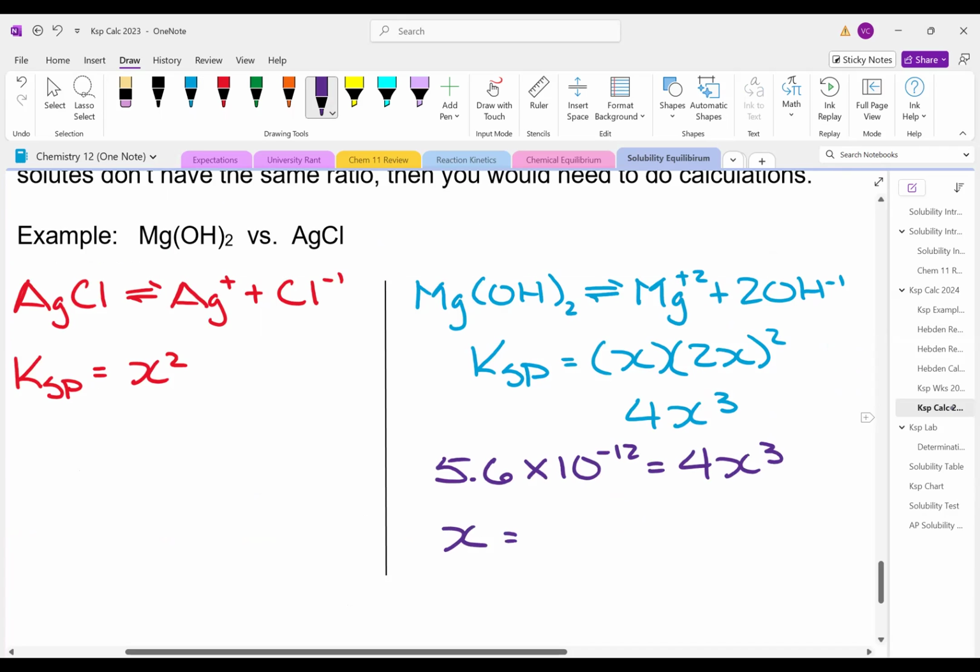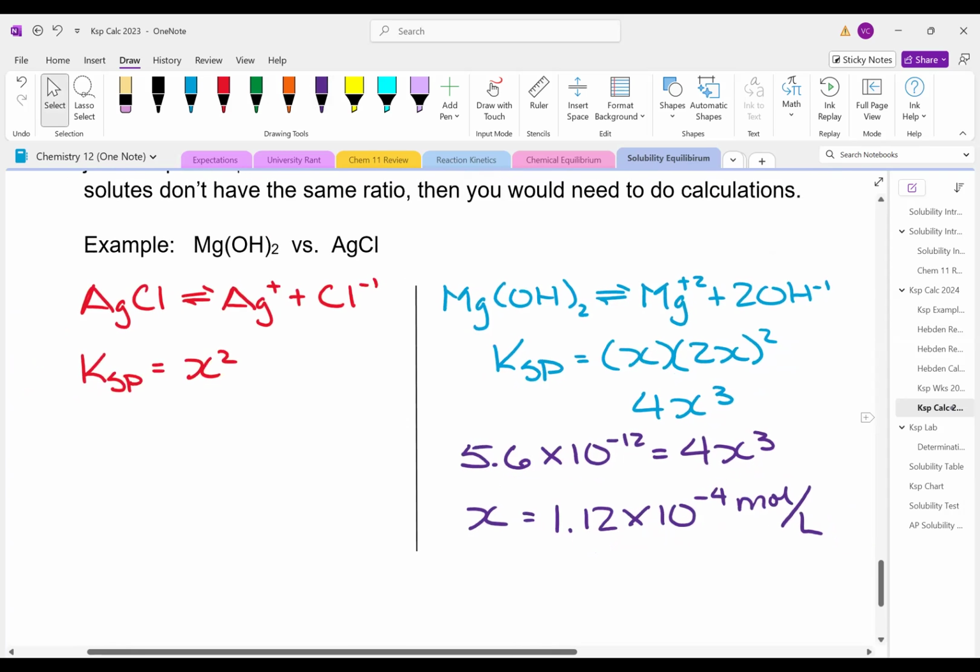Solving for x, I would have 5.6 e to the negative 12 divided by 4, raised to the power of 1 divided by 3. I would have 1.12 times 10 to the negative 4 moles per liter.